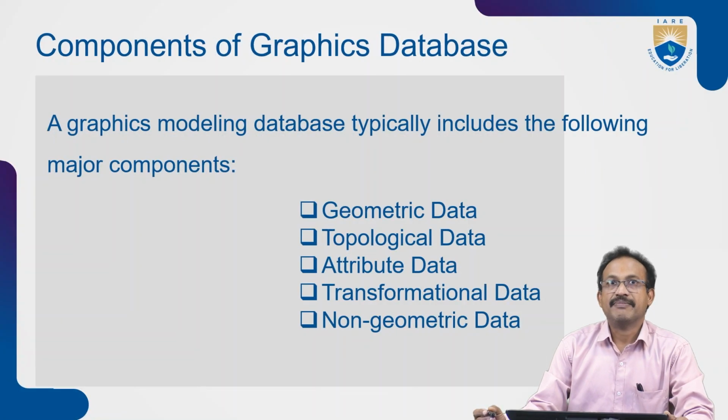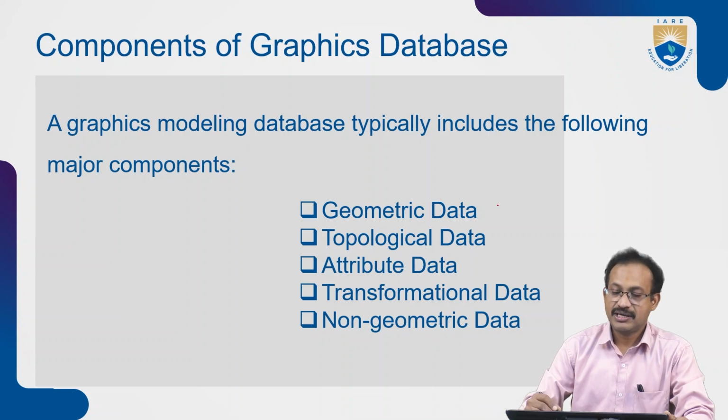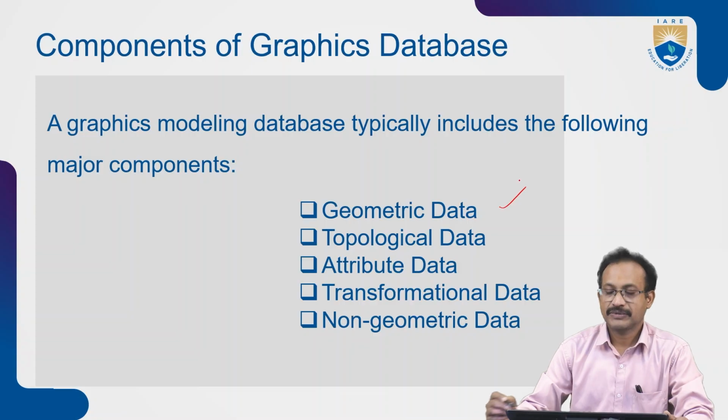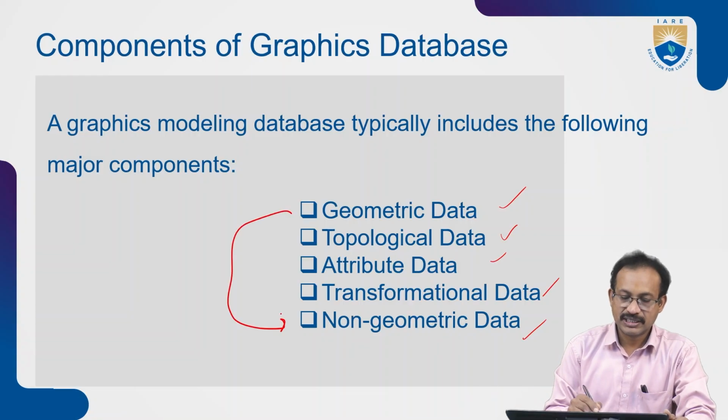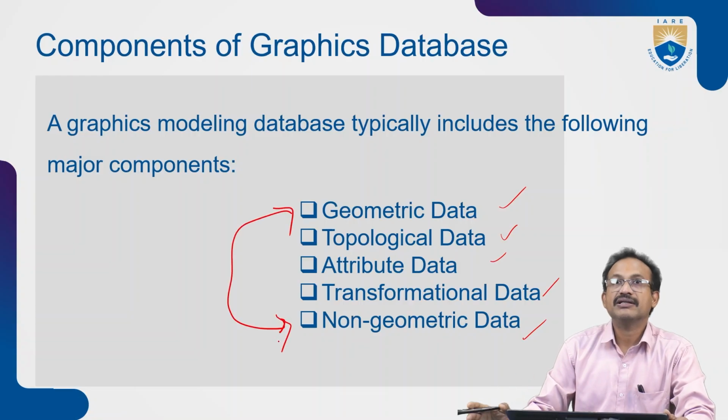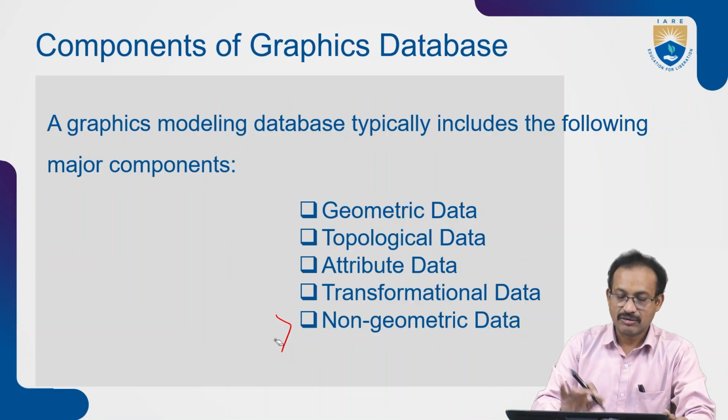Components of graphics database. A graphics modeling database typically includes the following major components: geometric data, topological data, attribute data, transformational data, and non-geometric data. So the first and last one are geometric and non-geometric. Let us see one by one all these things.